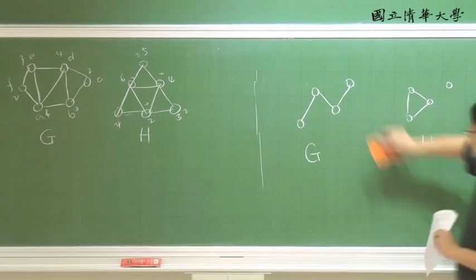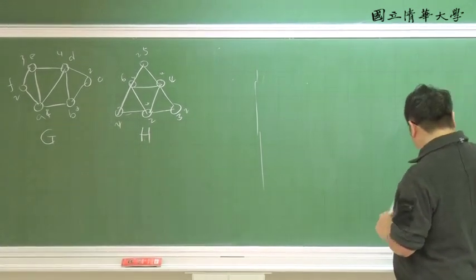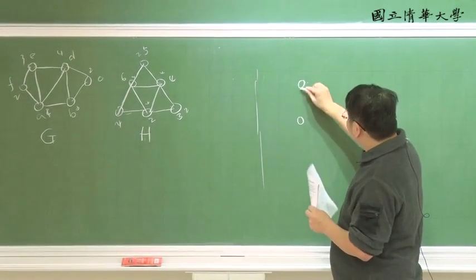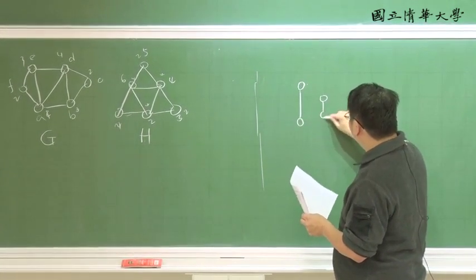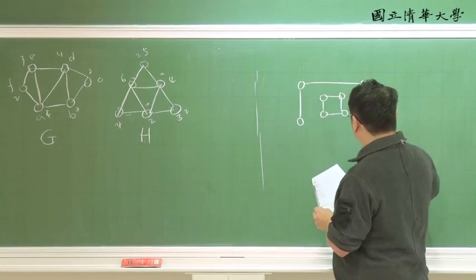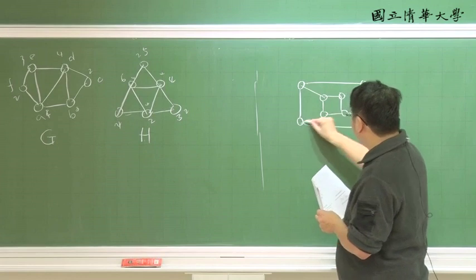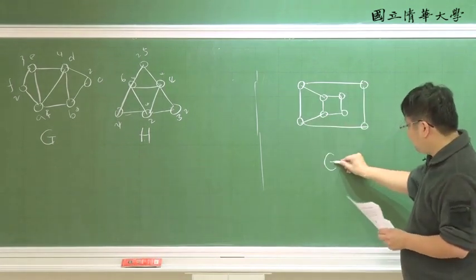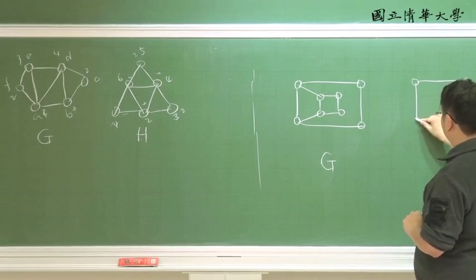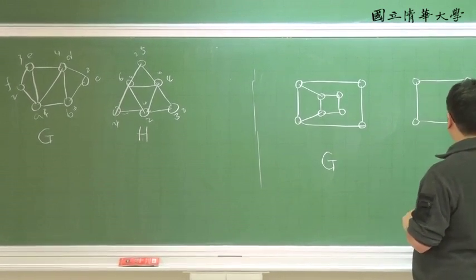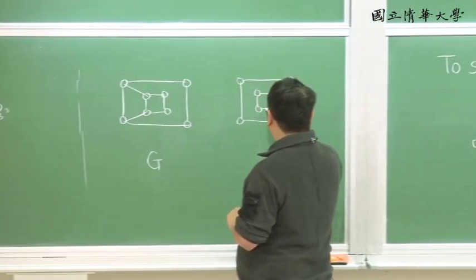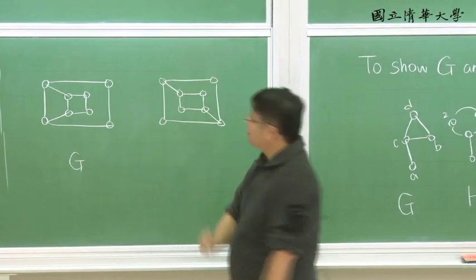Okay, so in that case, how about this one? Let's say this is the graph G that we have, and this is the graph H that we have.